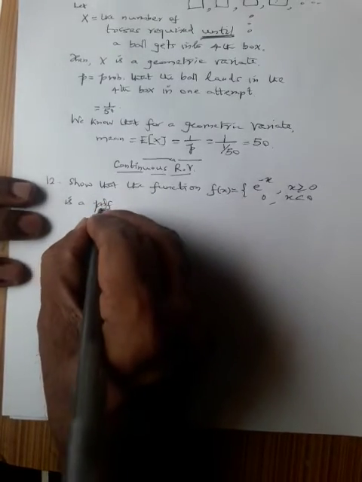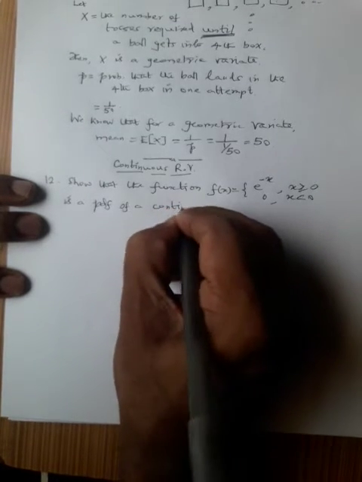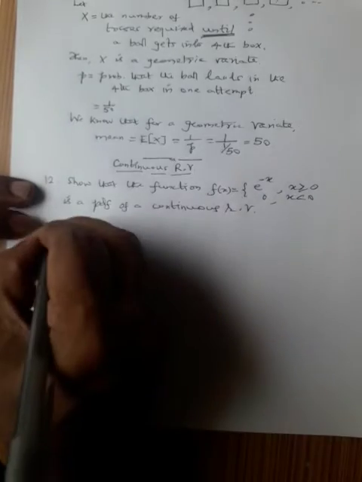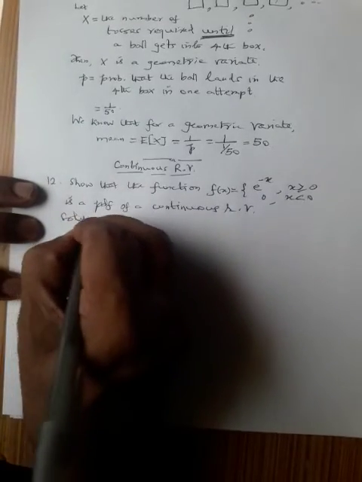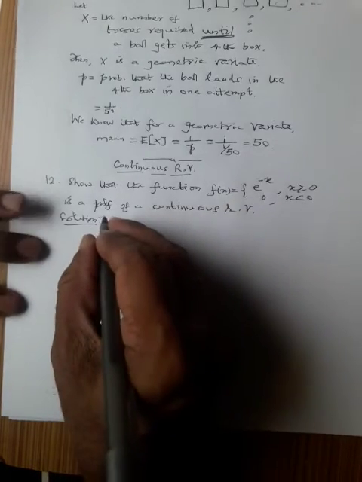PDF means probability density function of a continuous random variable. So there are two conditions to be satisfied for a function to represent a PDF.